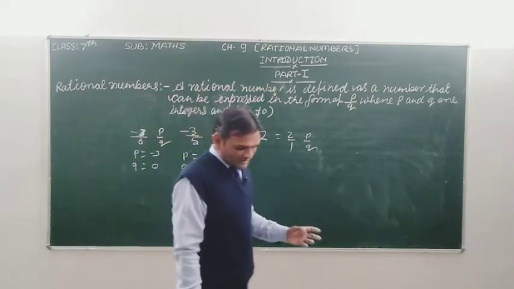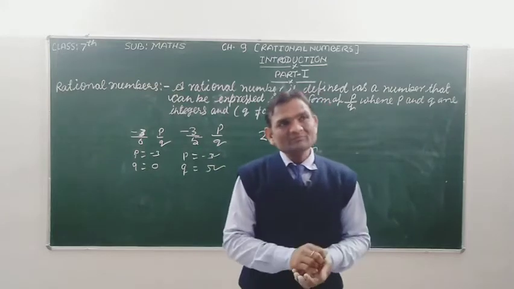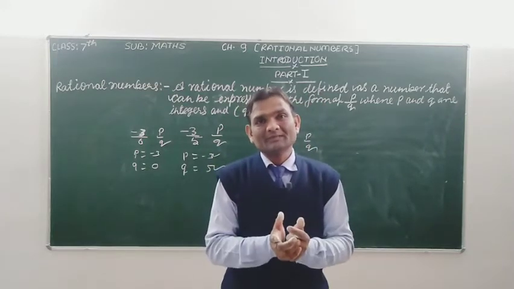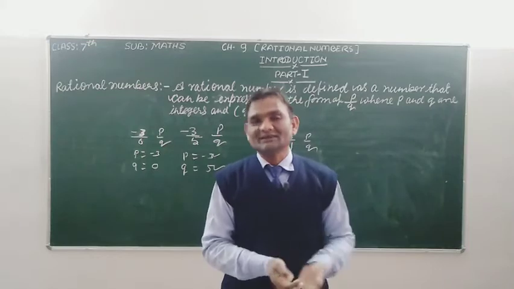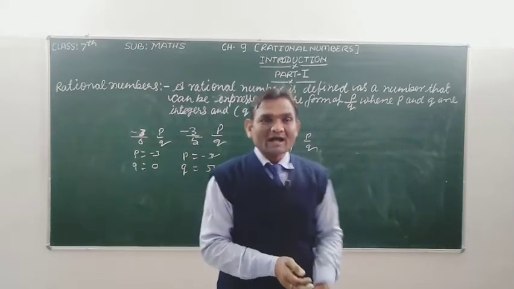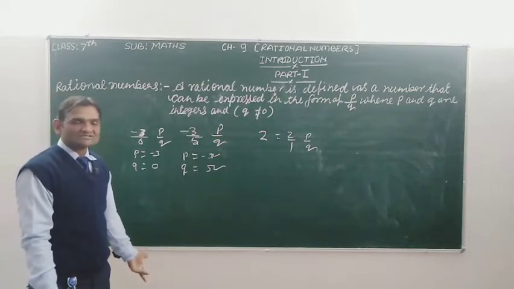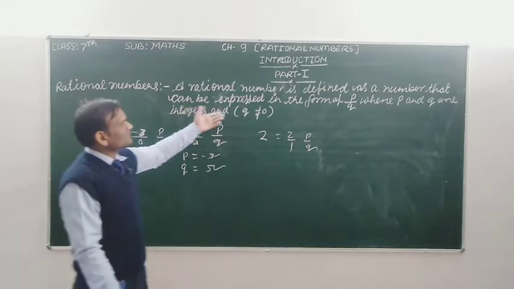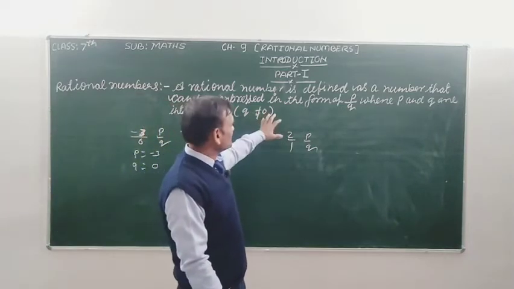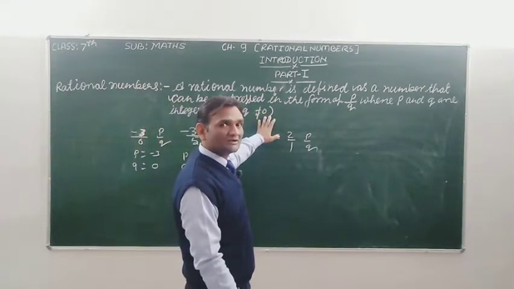So, students, you are thinking what is the difference between a rational number and a fraction? अगर ये rational number है तो फिर fraction क्या है? What is a fraction? The definition of a fraction is also the same.